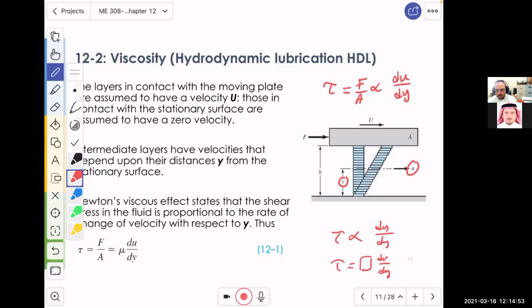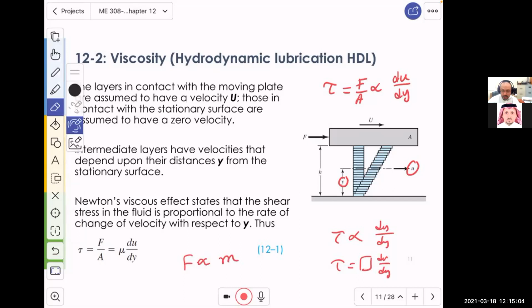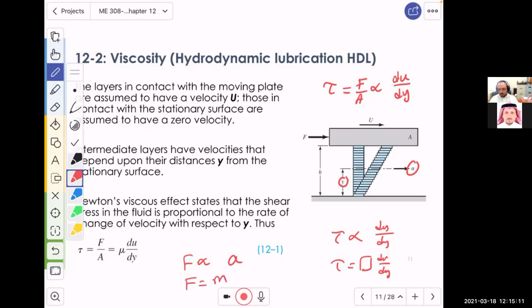Like F is proportional to the acceleration, okay? And it turns out that the proportionality constant is the mass, correct? Now, it turns out that this proportionality constant is mu, which is the viscosity.